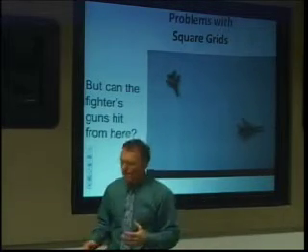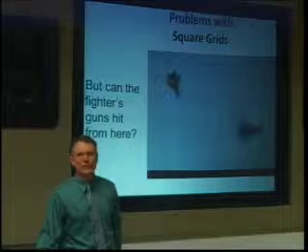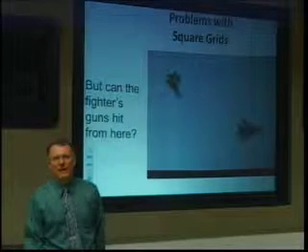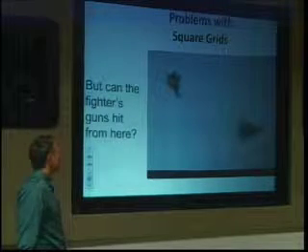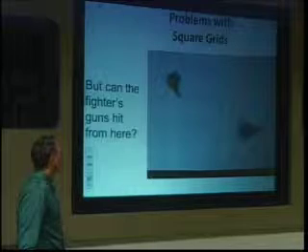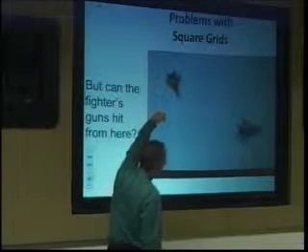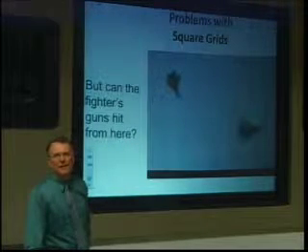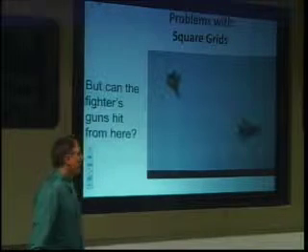You've got to think about how those things are going to work in your game, and the toys can force you to do that. If the fighter were to fire straight ahead, it would miss, obviously. But if you say that there's some fudge factor, some wiggle room, a certain number of degrees, maybe that fighter can hit that bomber from where it is.